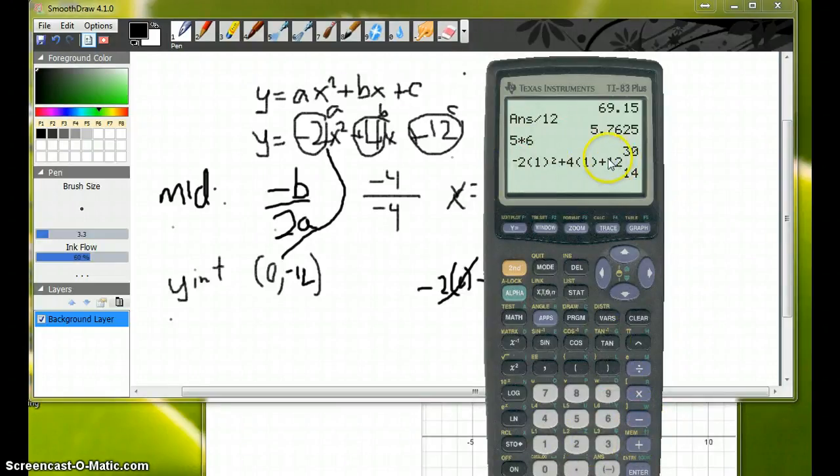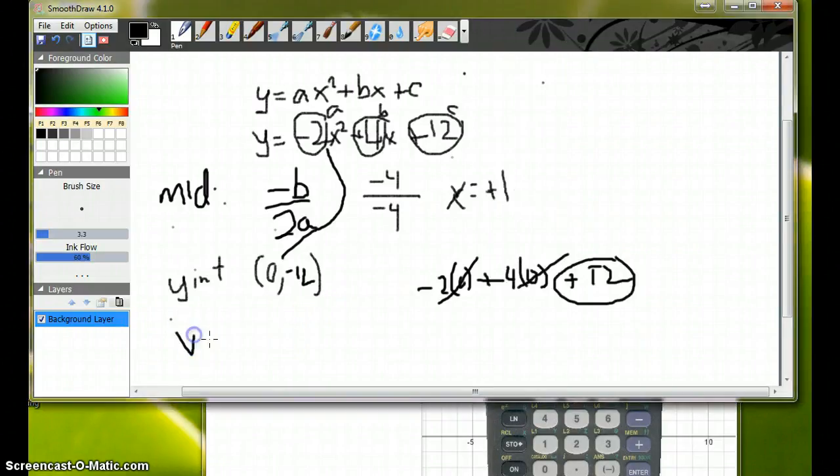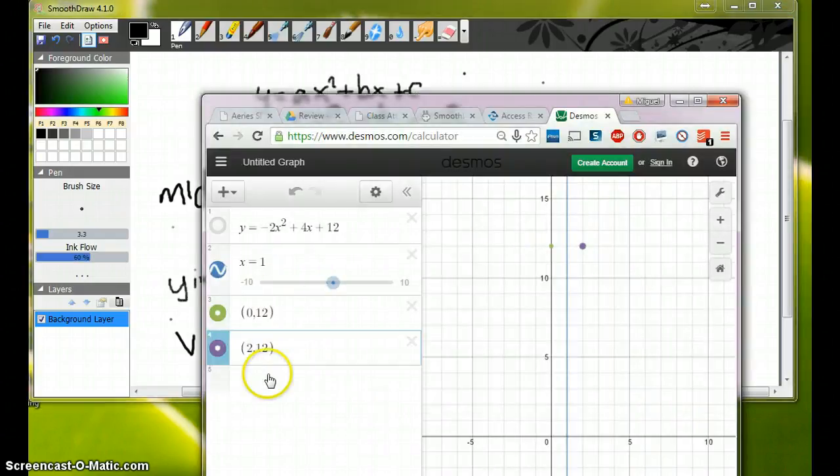So basically saying 12 plus 4 minus 2. Okay. This becomes 1 times negative 2. So it's 14. So the vertex is 1, 14. Okay, so that's the vertex. There's a vertex right there.